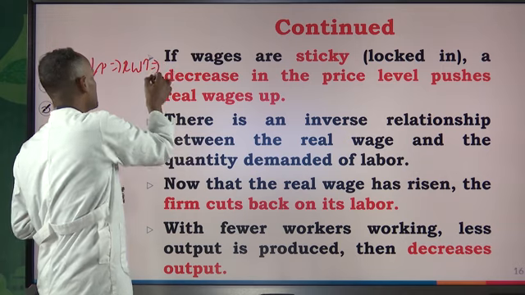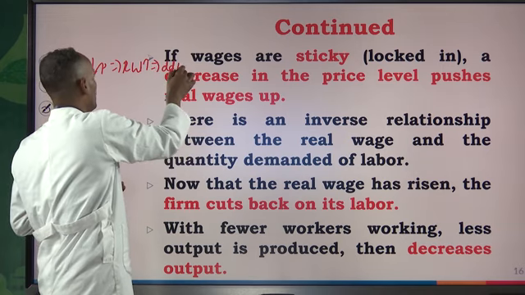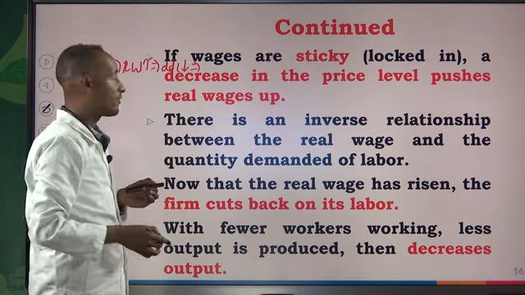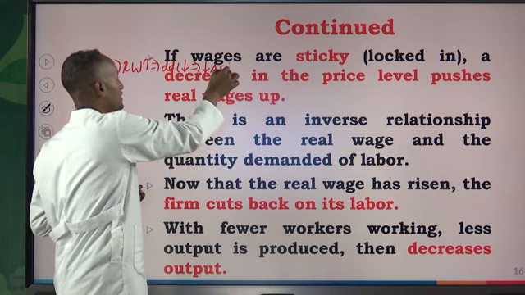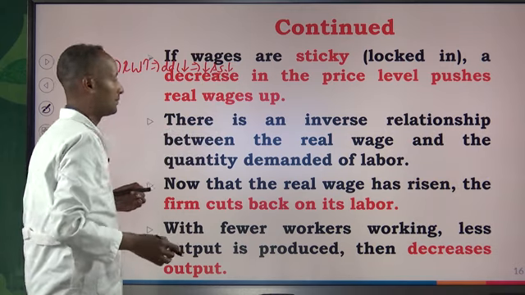That means if there is a rise in the real wage, then the demand for labor will decline, and hence farmers will supply less of a commodity, and finally the real GDP quantity supplied, or the aggregate supply, will decline. So with the fall in the price level, the aggregate supply will decline.